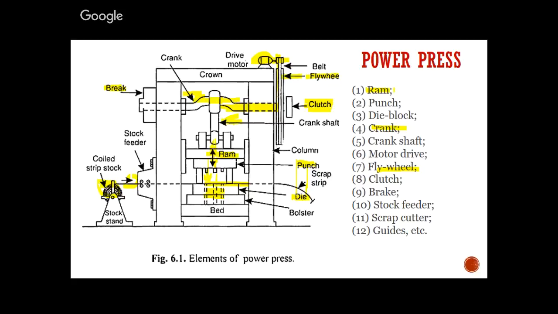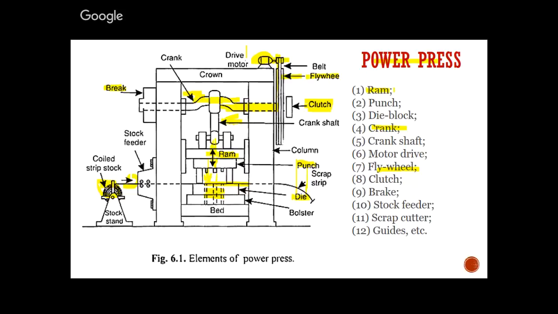If you consider the working condition, generally the first step is to start the drive motor. This drive motor will rotate this driving shaft. That shaft is connected to this crank, so this crank will further rotate. This crank is connected to the crankshaft. Here the conversion of the rotary motion into the reciprocating motion occurs.